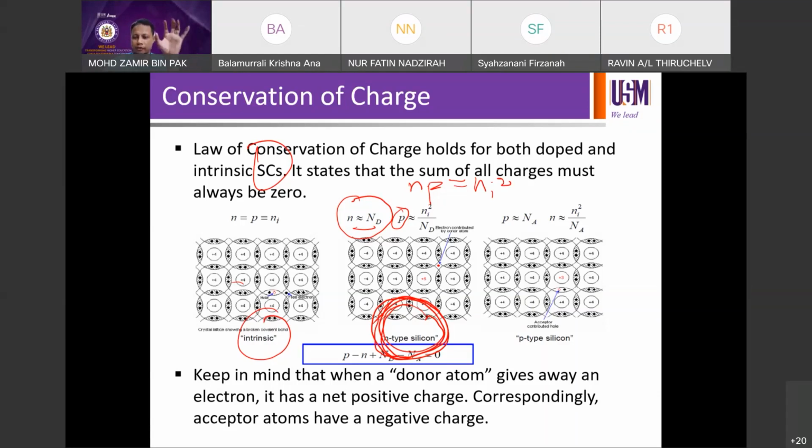So you incorporate 10 to the 16, all of them ionized, you're going to get n effectively equal to 10 to the 16. Unless it is stated that only 90% are ionized, then the effective concentration of n will be 0.9 of Nd, and it's going to be 9 times 10 to the 15 then, right? So we assume all dopants are ionized, therefore n equals Nd.